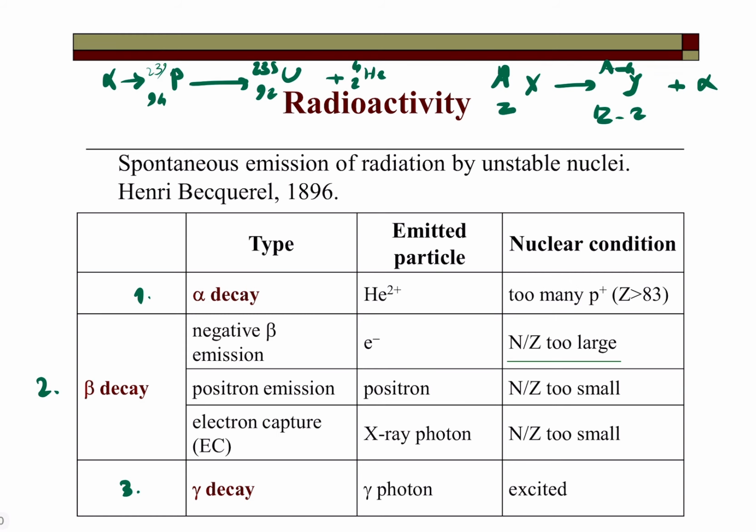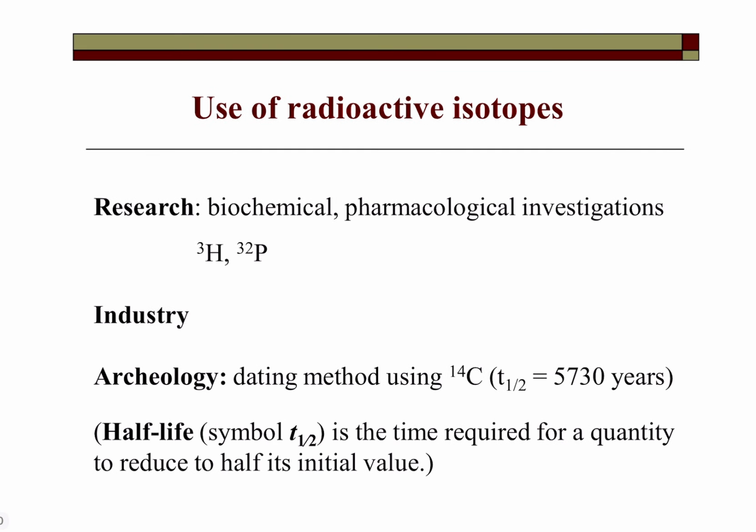And its excited form, and we use radioactive isotopes in research, for example, in biochemical and pharmacological investigation, and we can use tritium and phosphorus 32 in industry. Also, we have ecology.